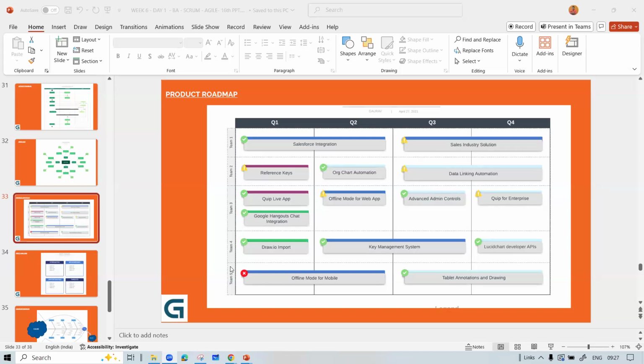So there is a way to design it completely. But this particular one has been developed on lucidchart.com. Are you with me, everyone? Do you understand the name of the application on which it has been developed?